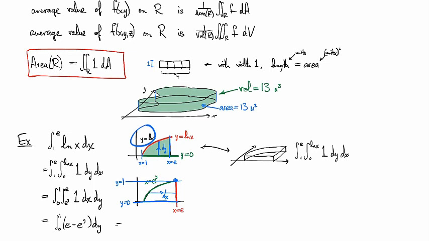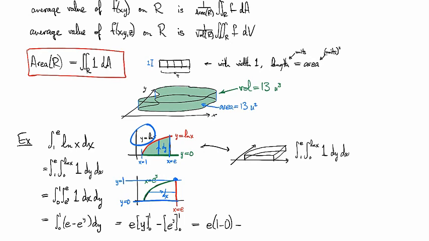So that gives us e times y from 0 to 1 minus e to the y from 0 to 1, and that gives us e times 1 minus 0, minus the second integral evaluated across, which is e minus 1, is 1.